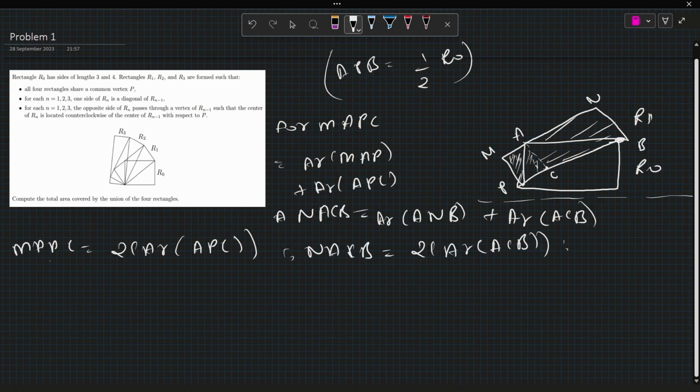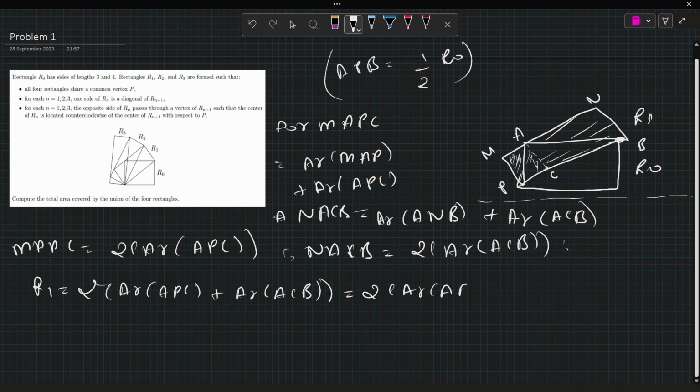Now if we add both equations, we will get the total area of rectangle R1, which is 2 times the area of APC plus the area of ACB, which is 2 times the area of APB, and as this is half of the area of R0, this would be the answer.